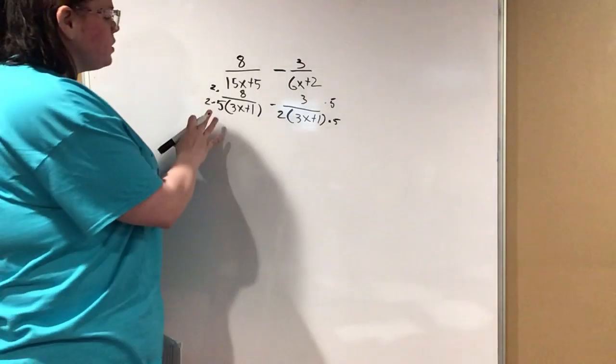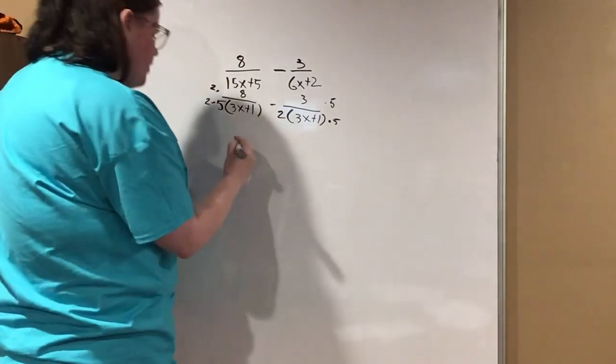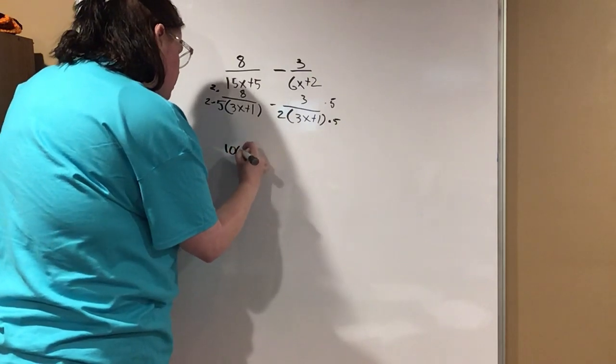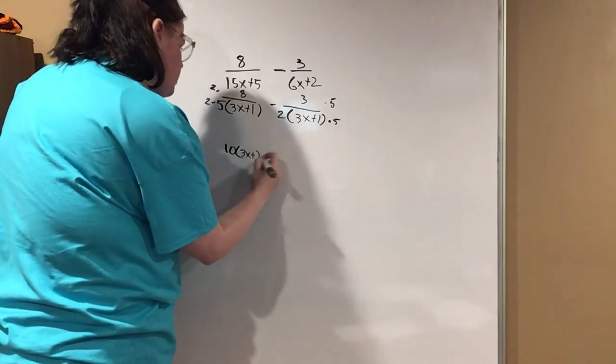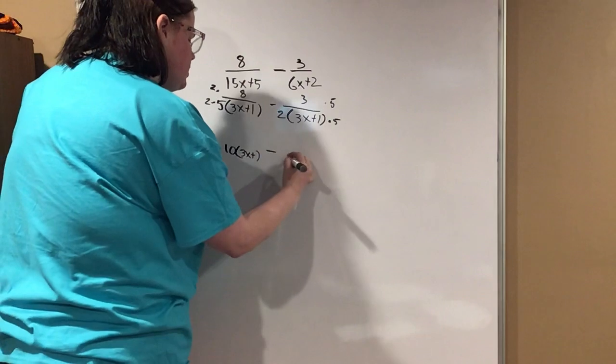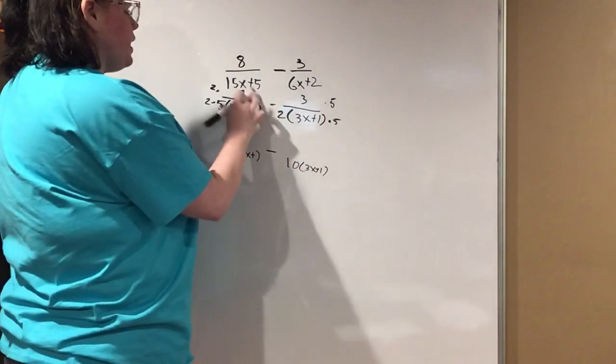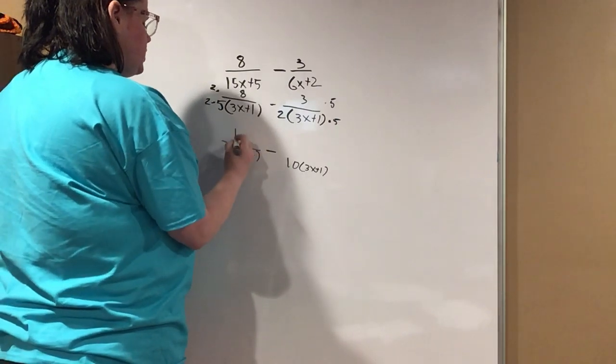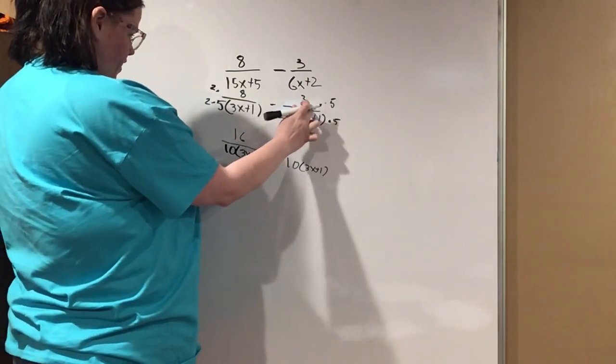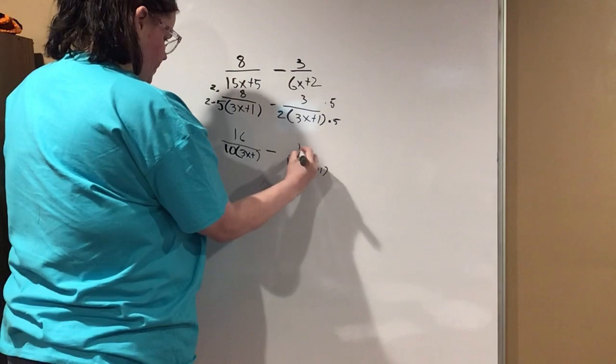So when I multiply 2 times 5, I get 10, 3x plus 1. 2 times 5 again is 10, 3x plus 1. But 8 times 2 is 16. And 3 times 5 is 15.